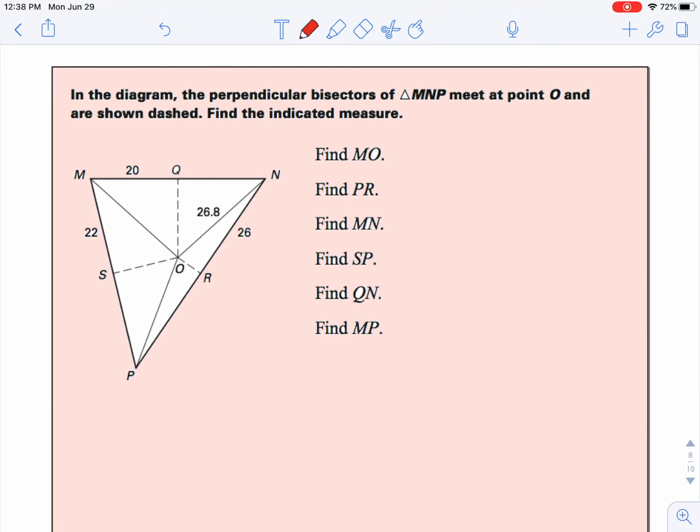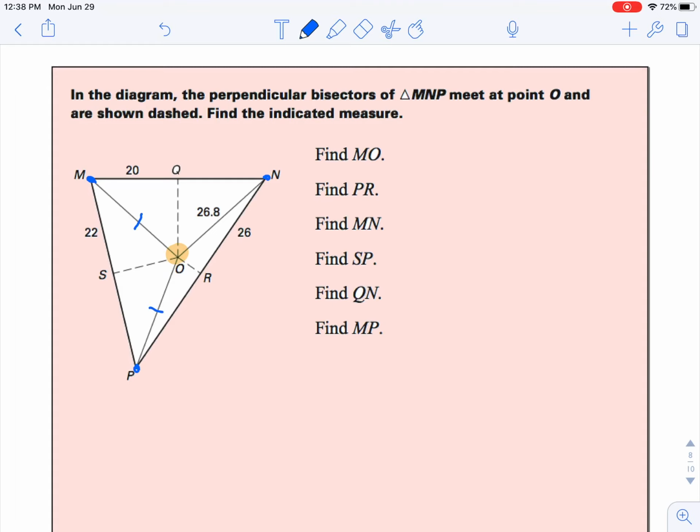Okay, so in the diagram, the perpendicular bisectors of triangle MNP meet at point O. So this right here is the point of concurrency of the perpendicular bisectors. And the perpendicular bisectors are the dashed lines. So what that point of concurrency theorem tells you is that from that point of concurrency to each of these vertices is equidistant.